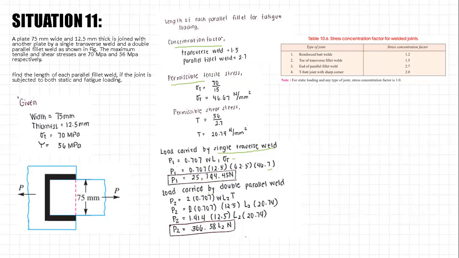For the load carried by the double parallel weld, times 2 because it is double again. We put in W, which is 12.5, the thickness, then L2, which is what we are finding, and the permissible shear stress, 20.74.